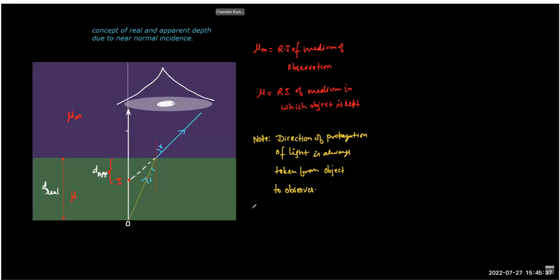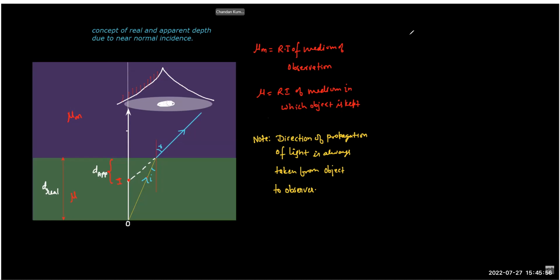So the light has suffered how many refractions in the process from object to observer? Sir, one. So how many instances do we need to write? One. So let's write down.